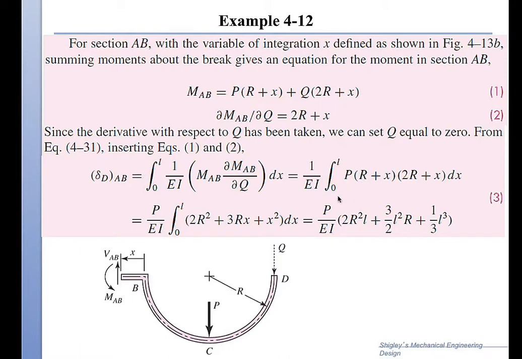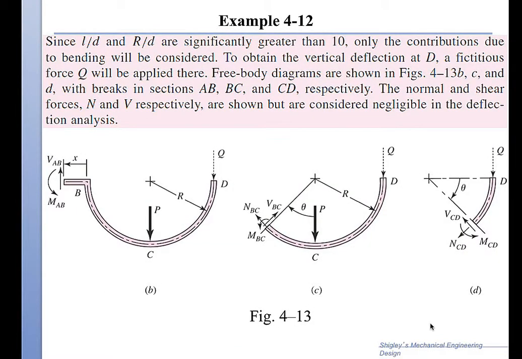So now we can just have the section AB. As you can see here, it has a moment. We have to find the moment equation for AB because that's involved in the elastic energy. So the moment is due to the external forces. If I just have this moment AB here, it will be the moment of P around this point and the moment of Q around this point.